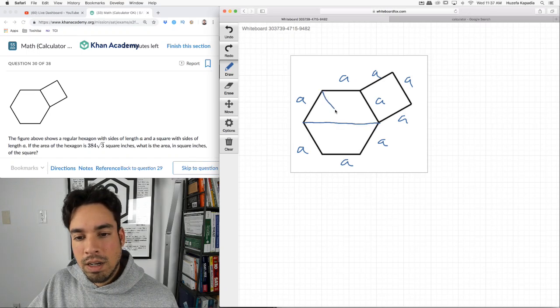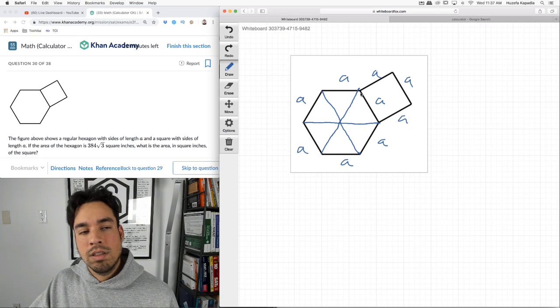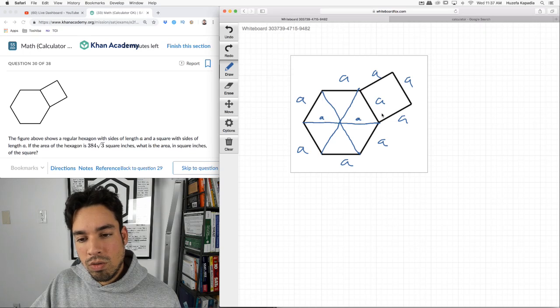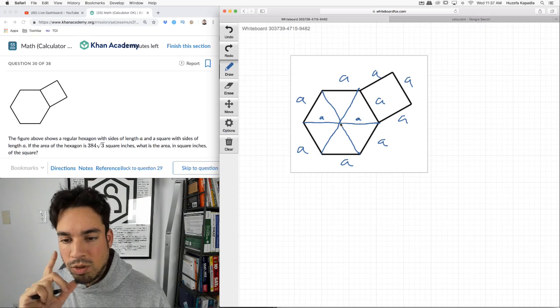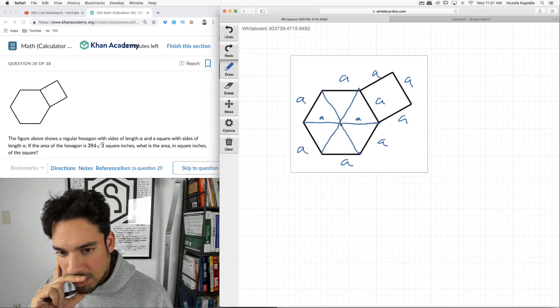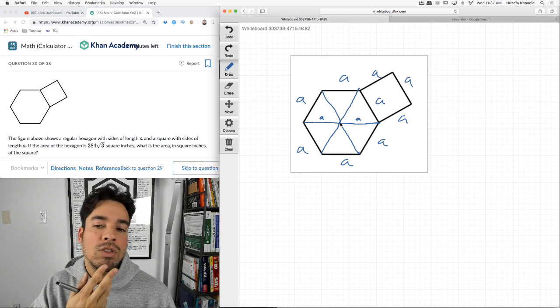A regular hexagon is 6 equilateral triangles, or 2 isosceles trapezoids. Hold on, let me think for a second, because that doesn't help.